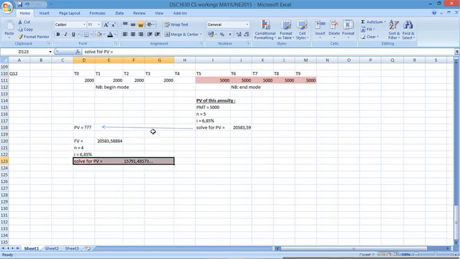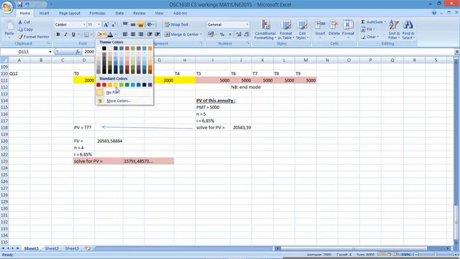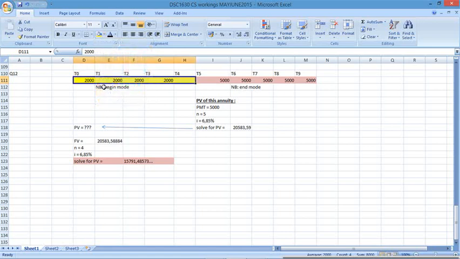I still need to add the present value of all of that, using begin mode.